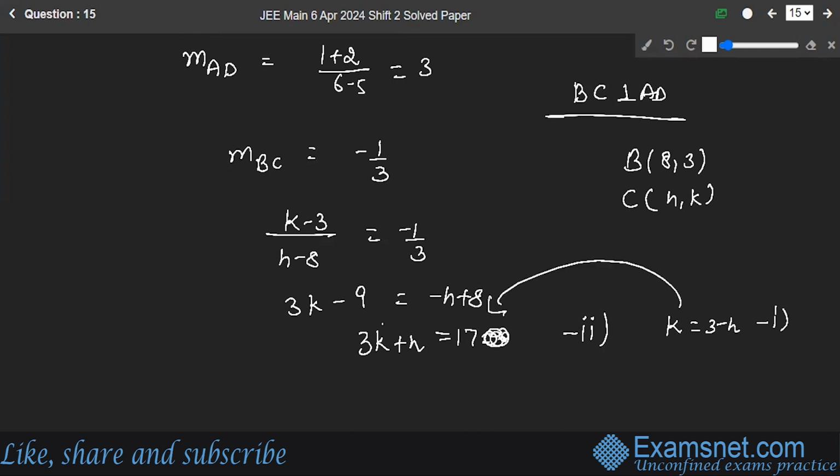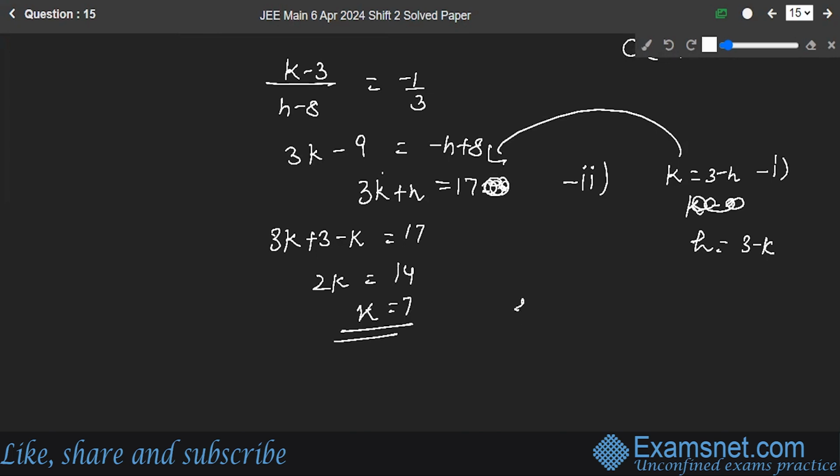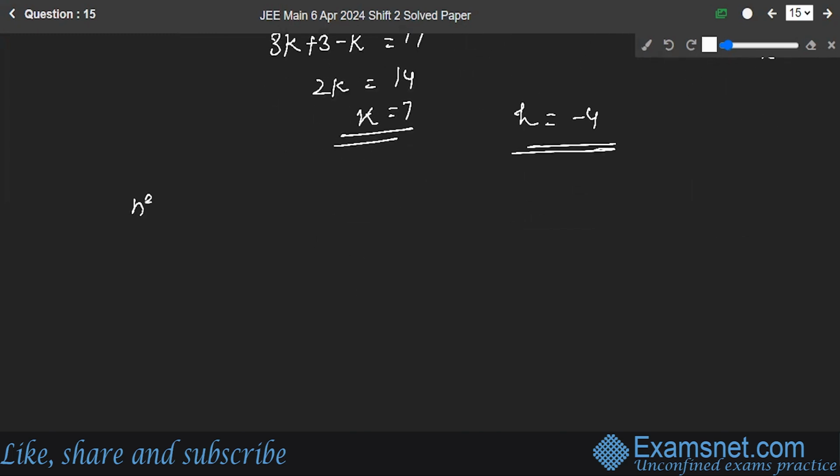Let's fill in the value in this equation, or it will be better: H is equal to 3 minus K, right? I'll fill this in over here. So 3K plus this is equal to 17, 2K is equal to 14, or you get K as 7. And on solving, you will get the value of H as -4. Now, what is H squared plus K squared?